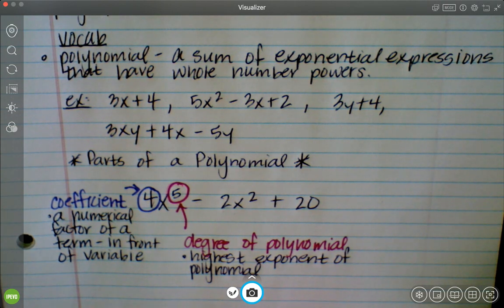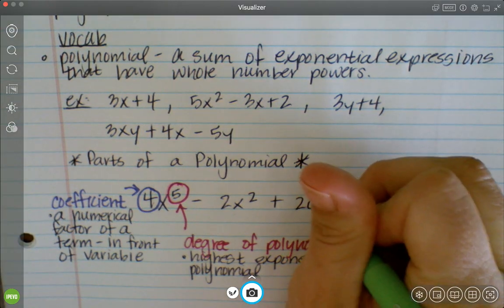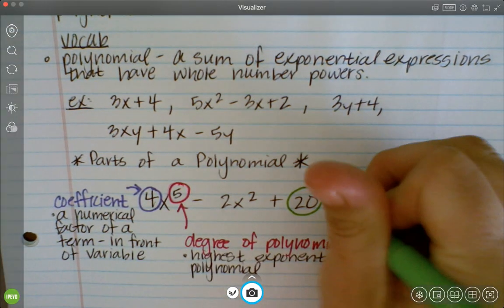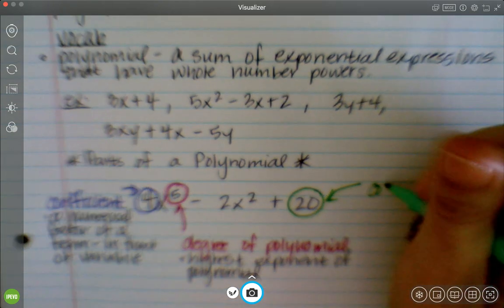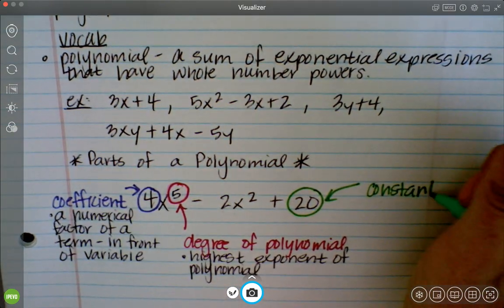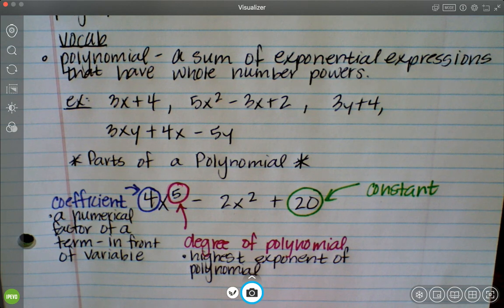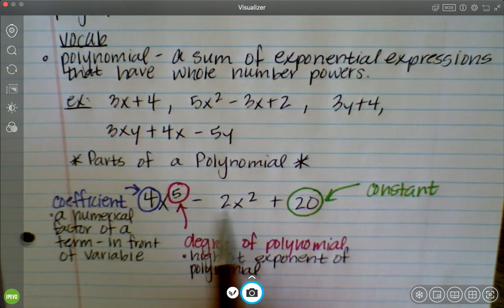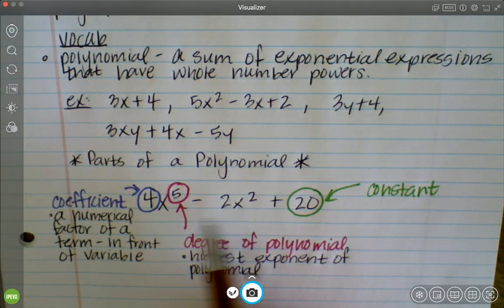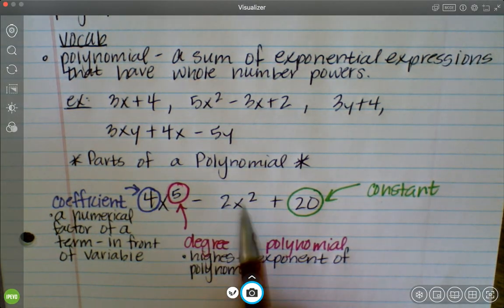The last thing I want to talk about is this term here, and this is what we refer to as the constant. This number has no variable attached to it, so this number will never change. Whereas over here, we can plug in different numbers for the x value, and in turn, that'll change this term's value.